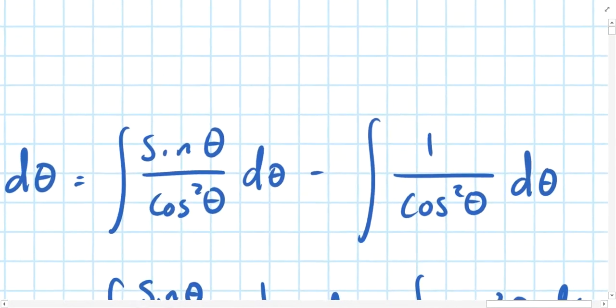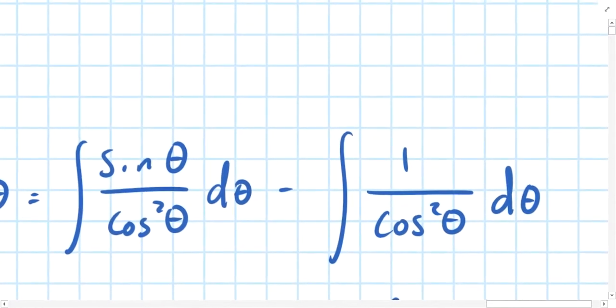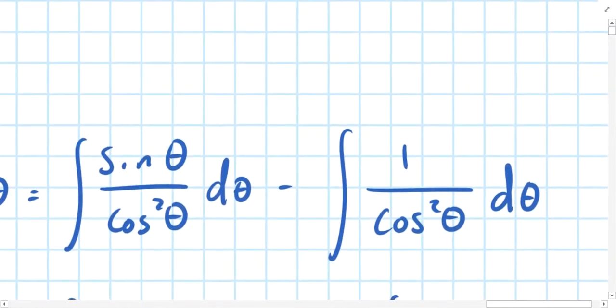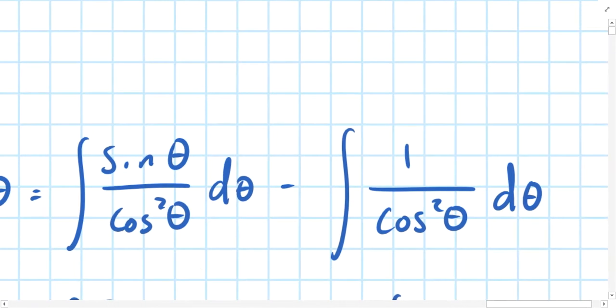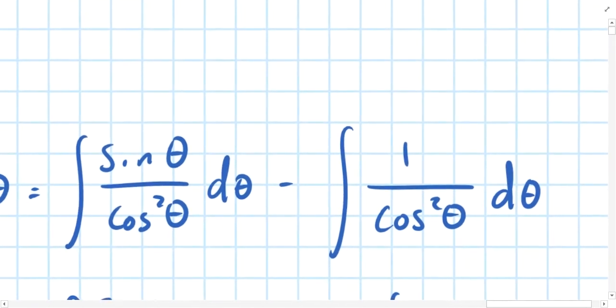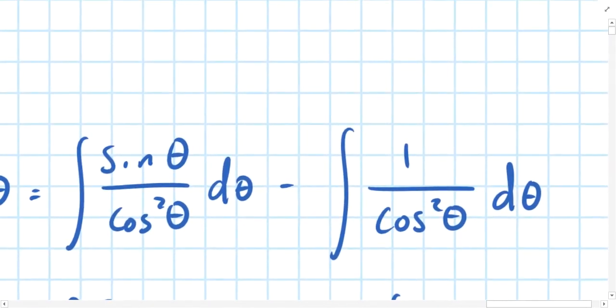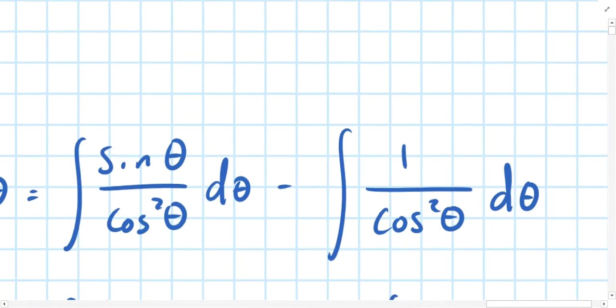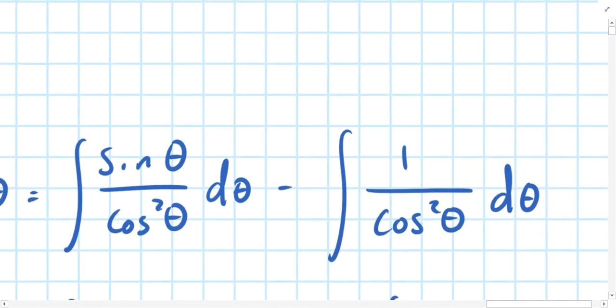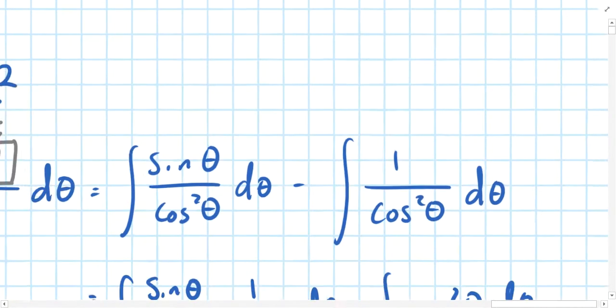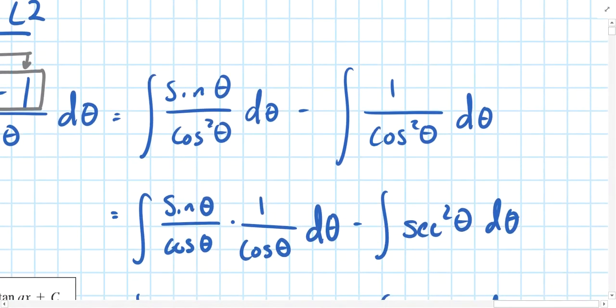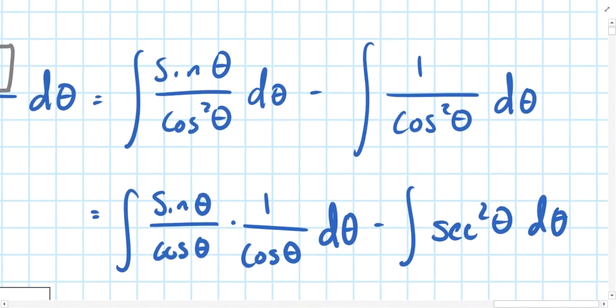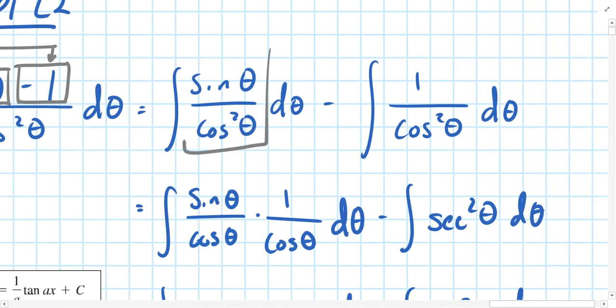We're going to expand this integral into two integrals, both relative to theta. Then, with some of our trigonometric knowledge, we can rewrite these expressions into a single version of the trig rules. So this sine theta over cosine squared theta, I'm again going to split into two fractions.